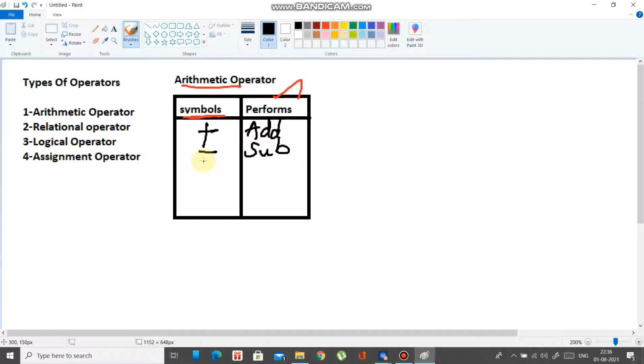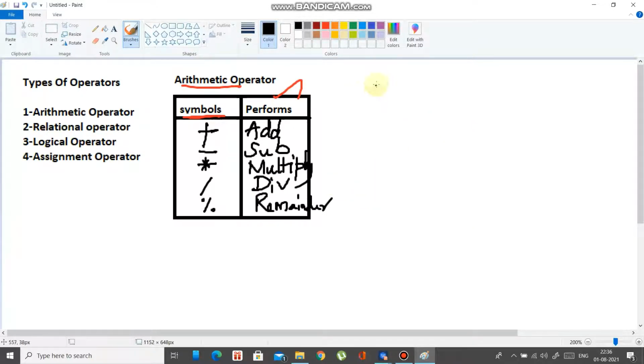The next is star or asterisk, which is multiplication. The next one is division. And the last is modulo, which gets the remainder after dividing. So these are the basic tasks it performs.